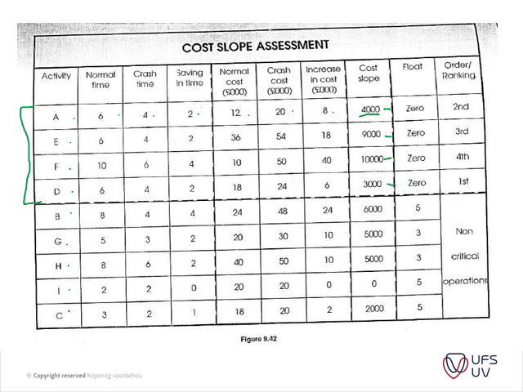Okay, so D has the least impact, or has the lowest cost slope, with A having the second lowest, and then E the third lowest, and then F the fourth. Okay, so basically it doesn't necessarily work like this.